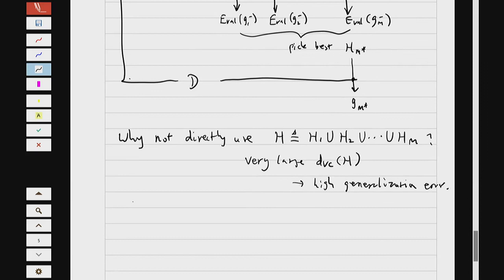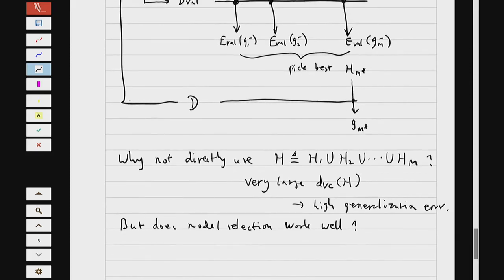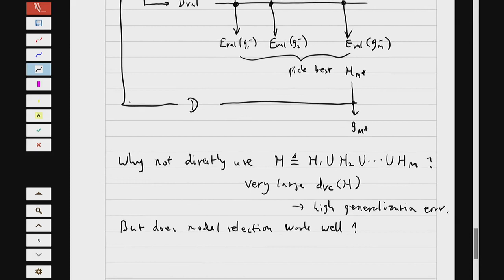But the question is, does this really work well? That requires some more careful mathematical analysis. It turns out that the analysis is not so trivial, because now we introduce some dependency in our validation error.